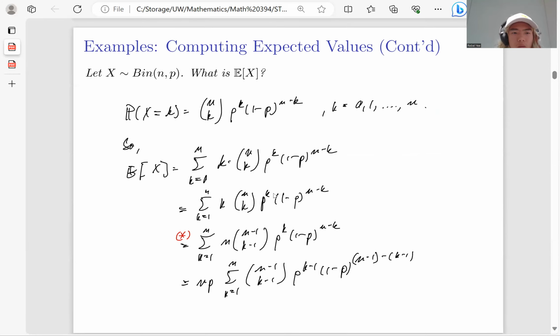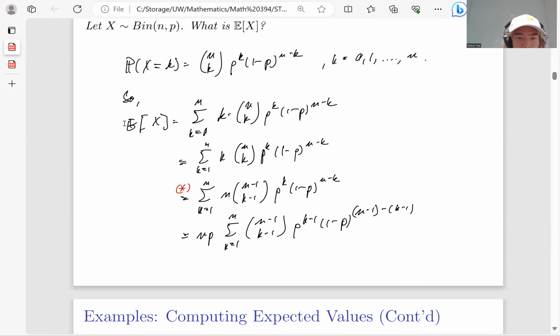So now we are looking at the binomial distribution. The binomial distribution is somewhat more advanced to calculate its expected value, but it can be solved. First we list out the probability when x equals k, and this formula is from the last lecture slide.